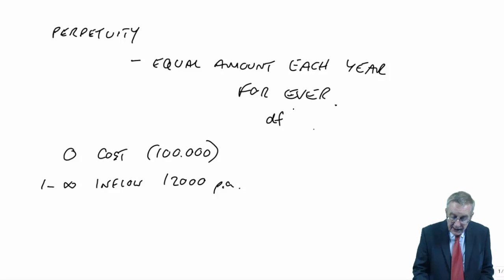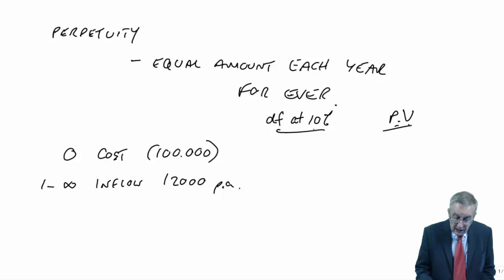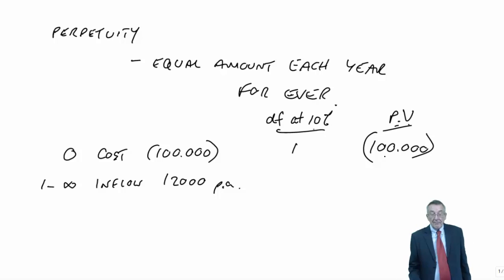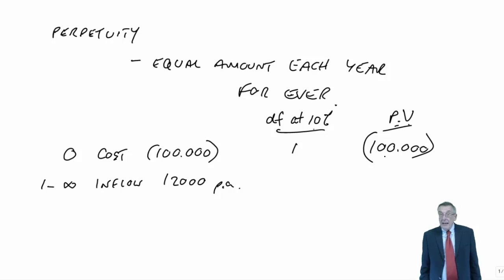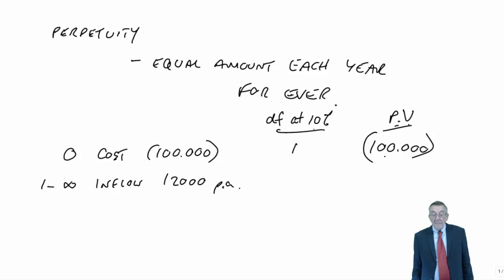We want to discount it at 10%. Yes. 100,000 now is 100,000, that's no problem. The annuity, well, I'll give you the formula, but then I'll explain why.